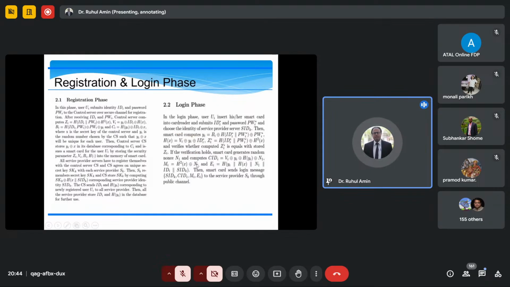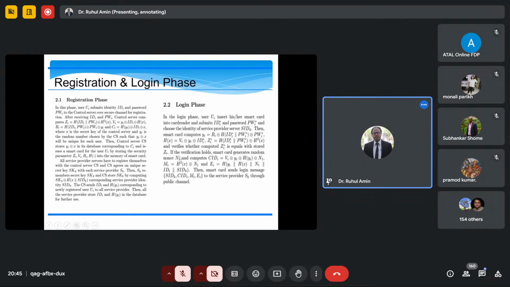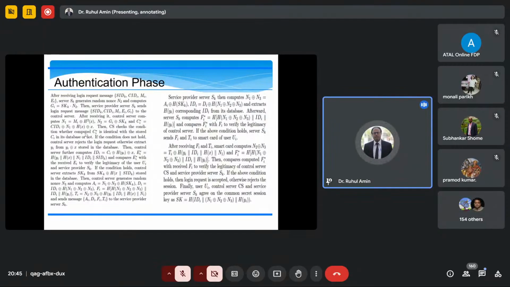So here also we are doing the login message. This user is sending the login message to the cloud server, that means one of the servers. After sending this login message, there are several equations that they have used. The server checks whether the user is correct or not. If it is correct, it will compute some information and send it again, for example AI, DI, FI, TI.